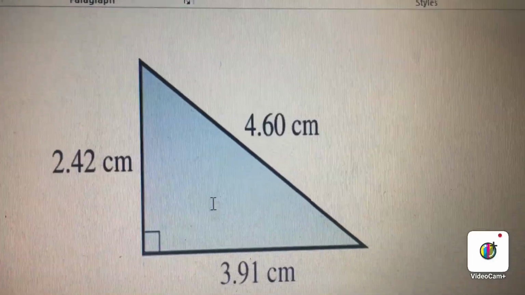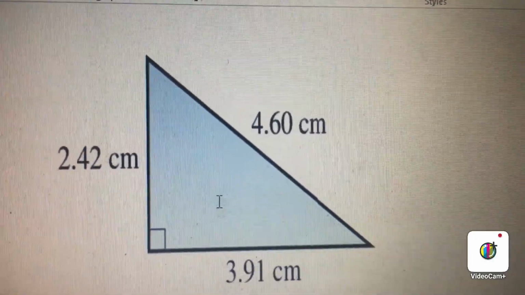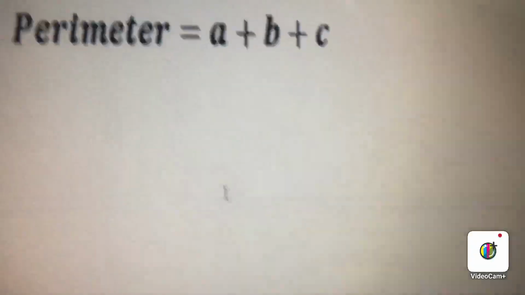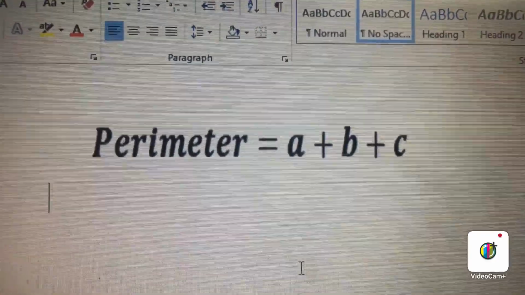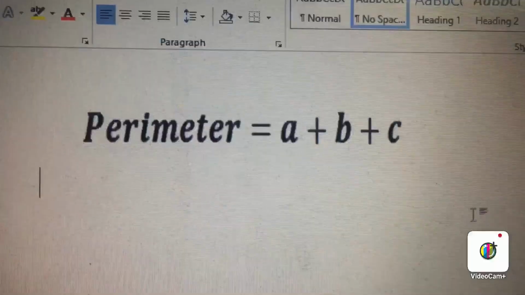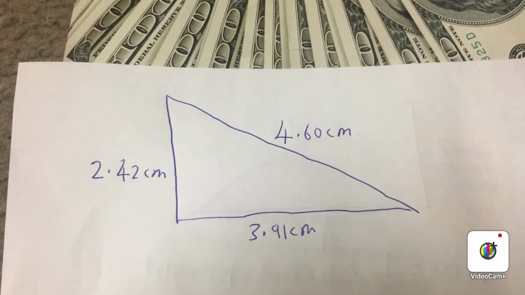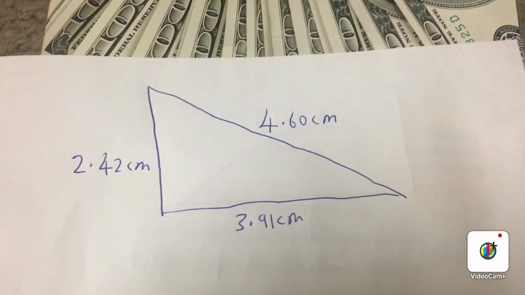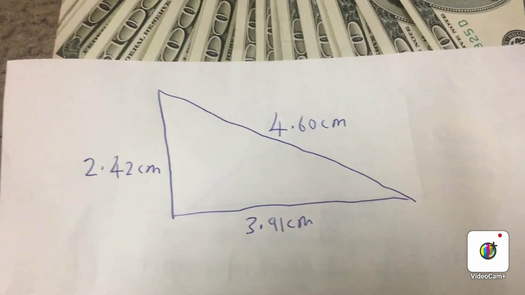Again, I'm going to do this on paper so that you can see how to use this formula here to find the perimeter of this triangle. So I now have the triangle on my paper.